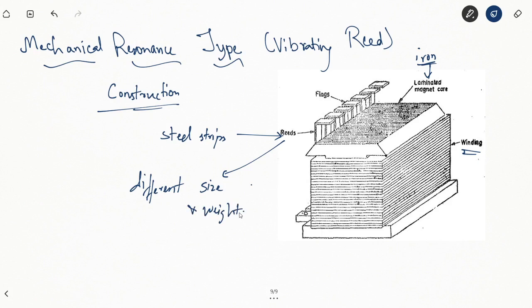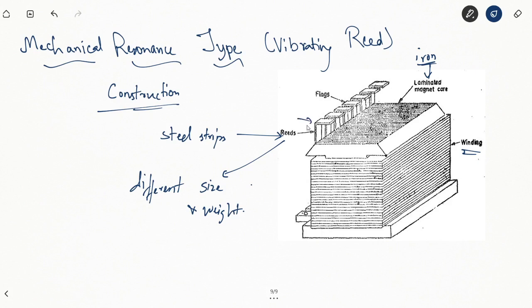Since the reeds are free at the top end, there will be a vibration caused in these reeds. The natural frequency of oscillation of these reeds will depend upon the size and the weight of the reeds. We specifically choose these reeds to be of such size and weight that the natural frequency of oscillation varies by 0.5 hertz from reed number 1 to reed number n.